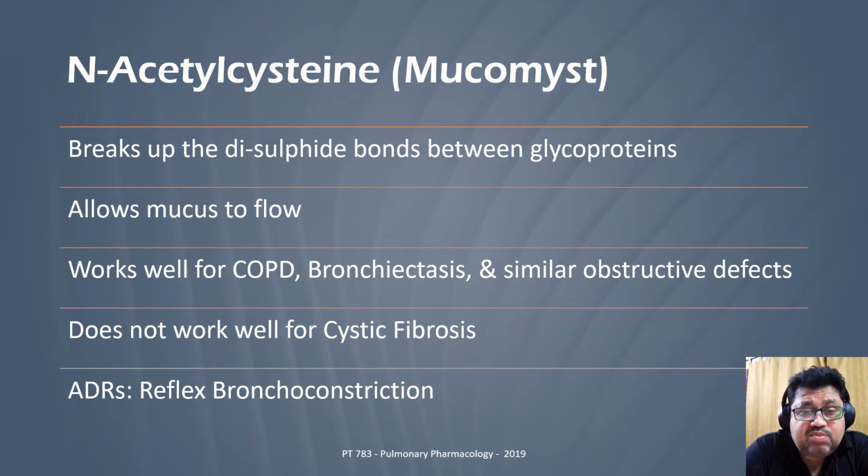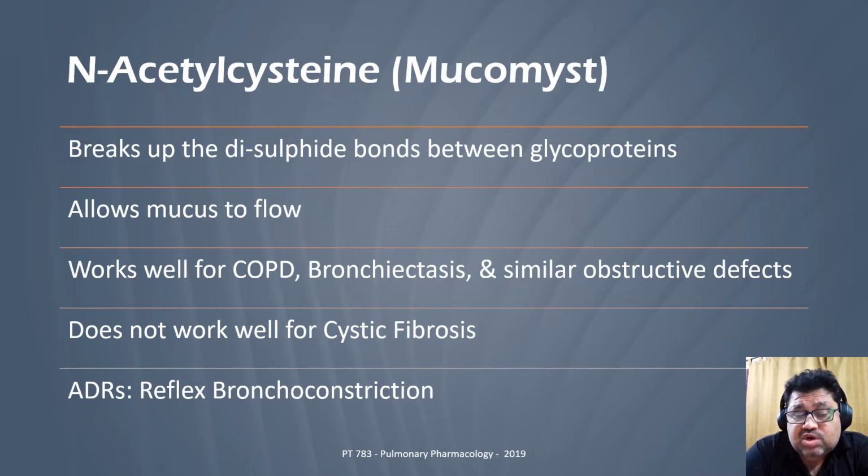N-acetylcysteine or Mucomyst is the ubiquitous mucolytic that is used in clinical practice. The drug, it's a liquid, works by breaking up the disulfide bonds between the glycoproteins of mucus. This allows the mucus to flow freely.